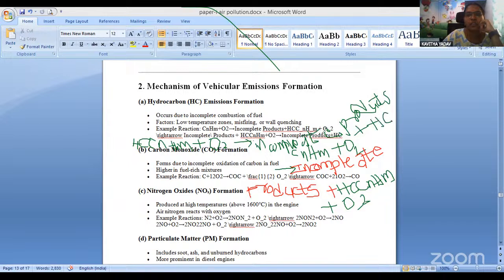It is not clear, sorry. I don't have space to explain, that's why I'm writing like this. This is the incomplete reaction which takes place in fuel combustion in our automobiles. That's why the incomplete products directly enter our atmosphere. It can harm the environment at any cost. These are the reactions which take place in hydrocarbon emission formation.